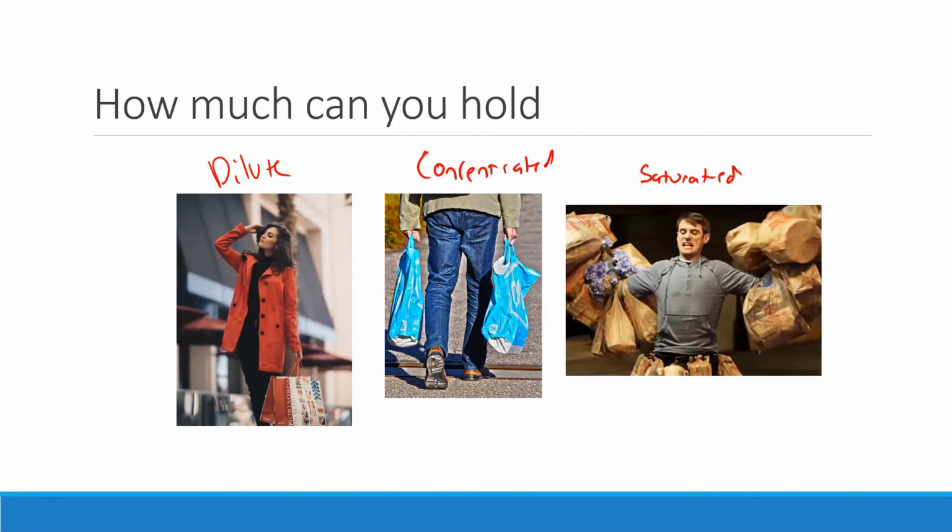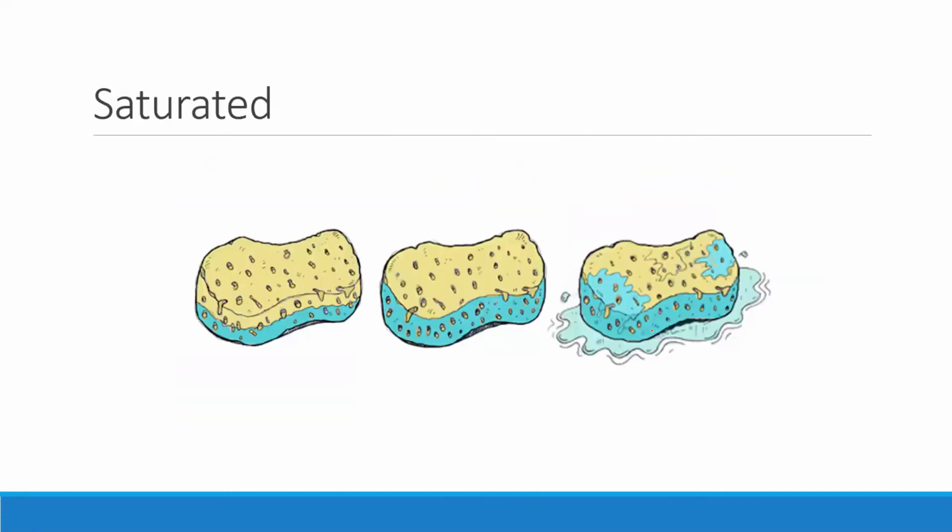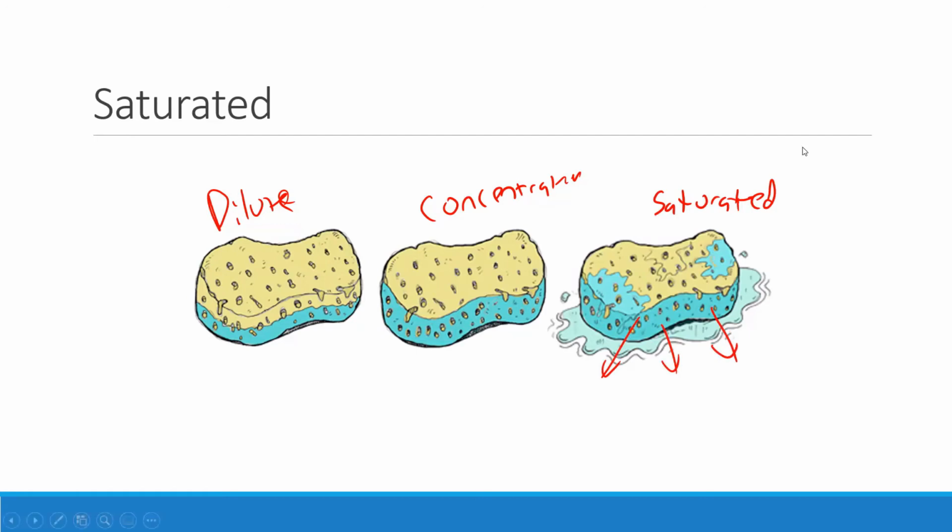The same picture could be used for these three pictures here. On the left, we've got something dilute. There's a little bit of water in this sponge, but not a lot. In this one, we've got concentrated. We've got a lot of water in the sponge. And in this one, we've got saturated. There is so much water that it actually is coming out of the sponge. Just like how if you have sugar, there is so much dissolved that it actually sinks to the bottom.